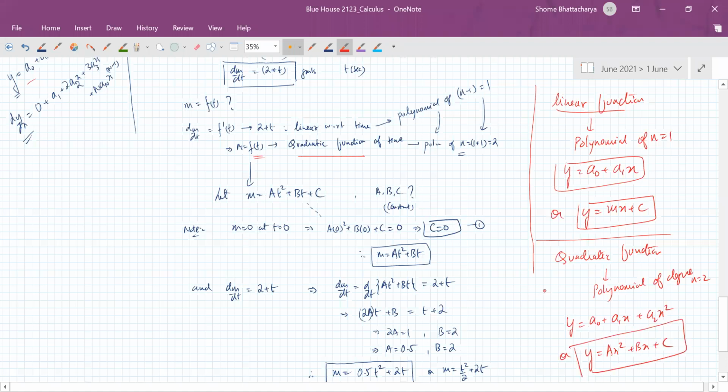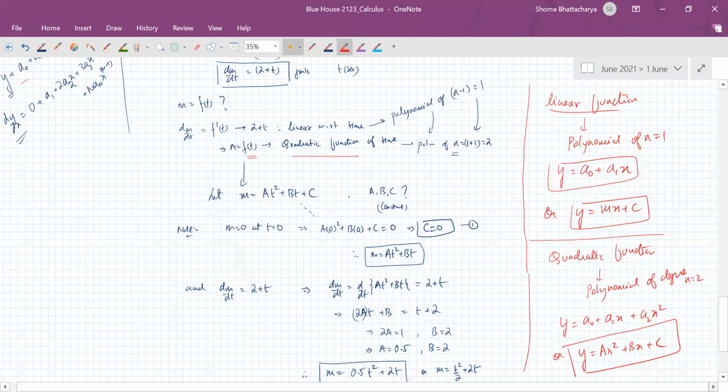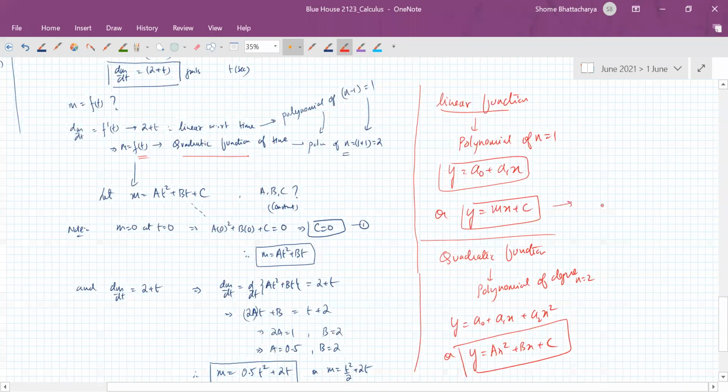But the important thing to notice is that if I have a quadratic function, then its differentiation will automatically be a linear function. If I have a linear function, then its differentiation will become a constant term. Dy by dx here will be m, which is a constant. So you can also think of it like a polynomial of degree 0.